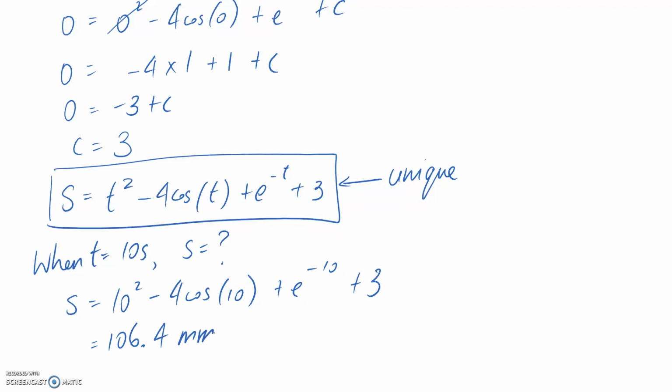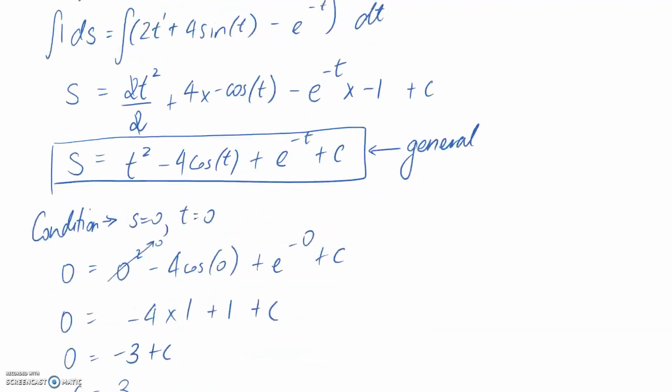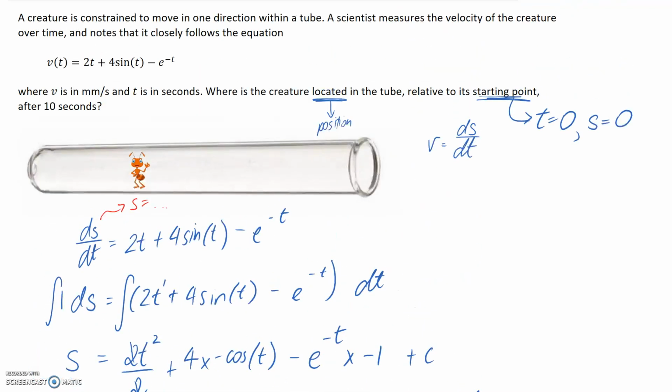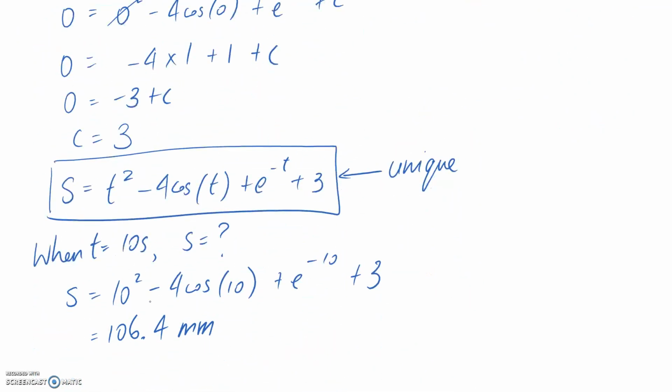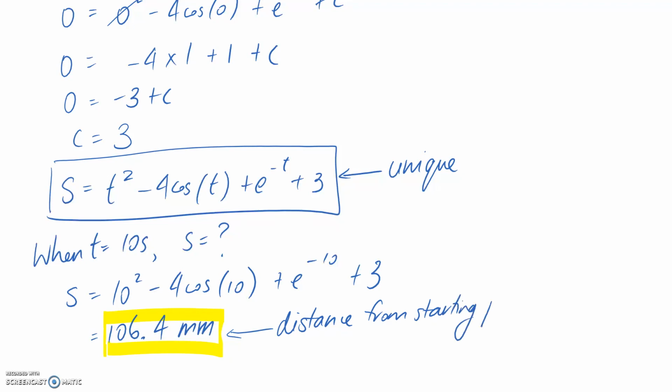The units are going to be millimeters, since earlier we were working in millimeters per second for velocity. So now we've got our answer of 106.4 millimeters. That's telling us relative to the starting point, since we were measuring from s equal to 0. So this here is distance from starting point. That's all there is in terms of this question.